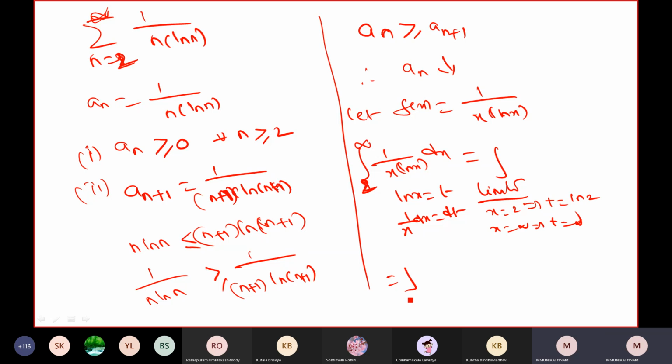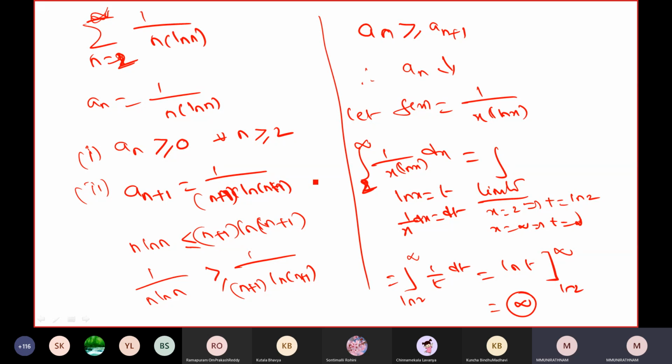So this will be integral ln 2 to infinity 1 by t dt. What is integral 1 by t dt? Integral 1 by t dt is ln t. Ln infinity is infinity.